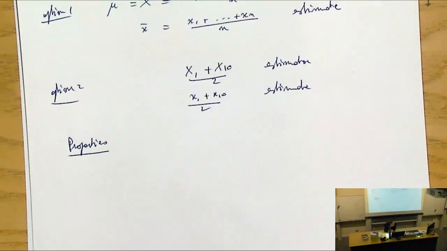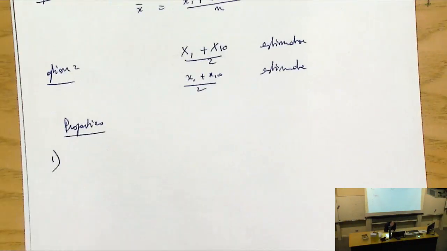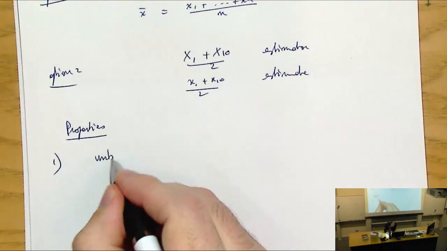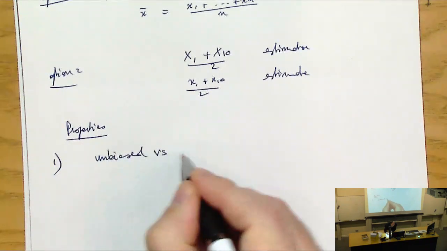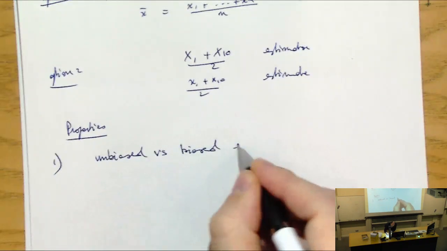One first property that we use a lot is the notion of unbiased versus biased estimator.